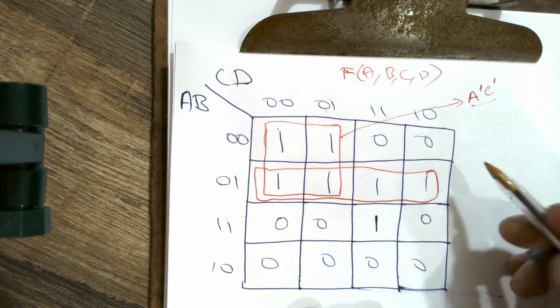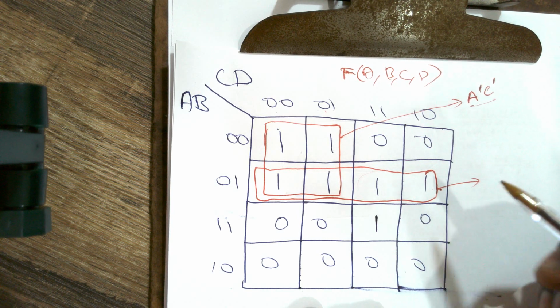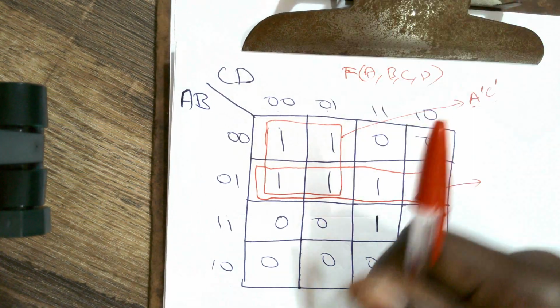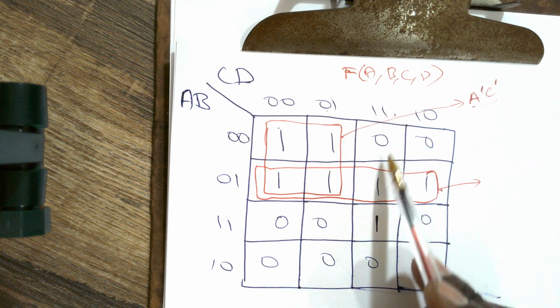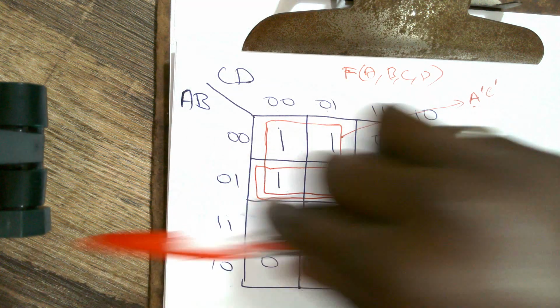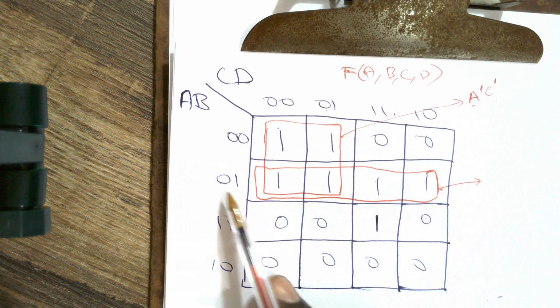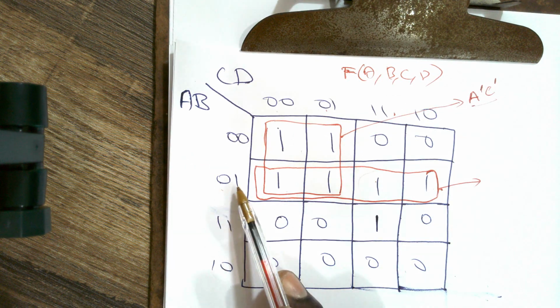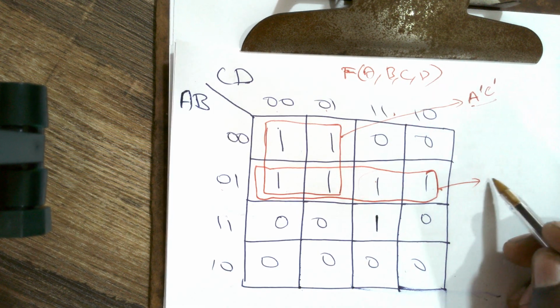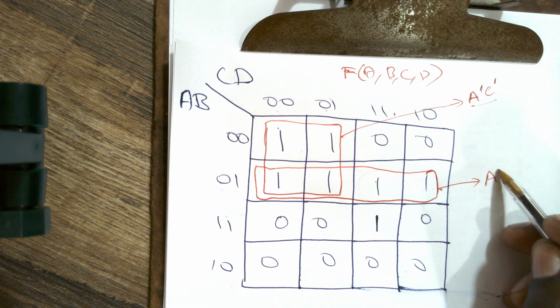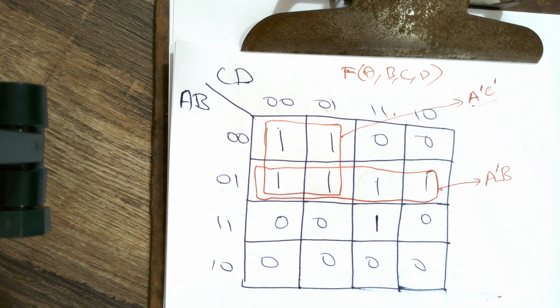It's easy for us to find the expression for that, because if we look downwards, C and D values vary for each one here. But if you look from a horizontal perspective, A equals 0 and B equals 1 is common to both of them. So therefore the expression for this one is A complement B.